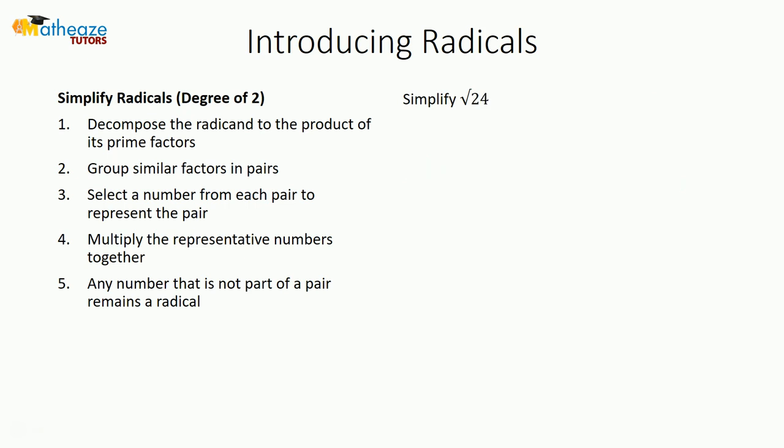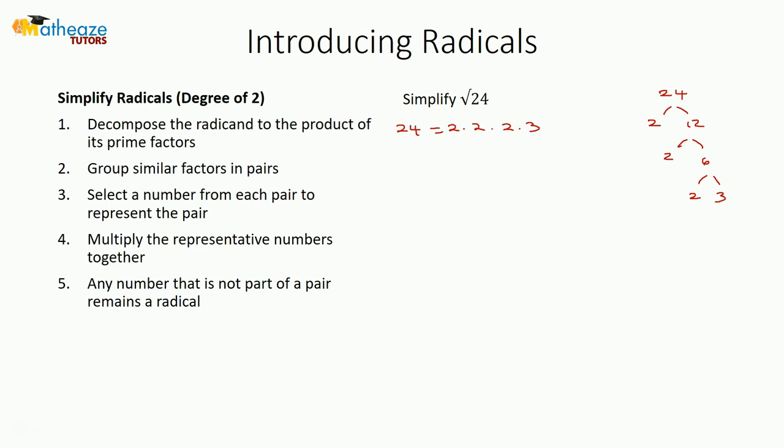Now let's look at this and apply the same rules. 24, let's decompose 24: 2 and 12, 2 and 6, 2 and 3. So now let's rewrite this. 24 is 2 times 2 times 2 times 3.